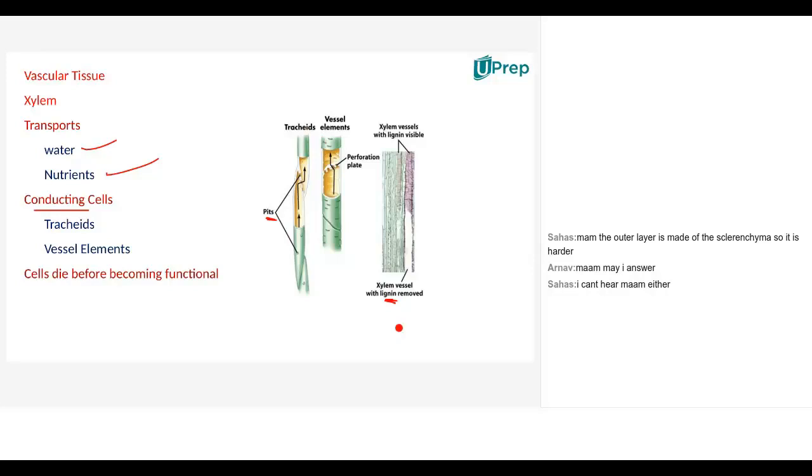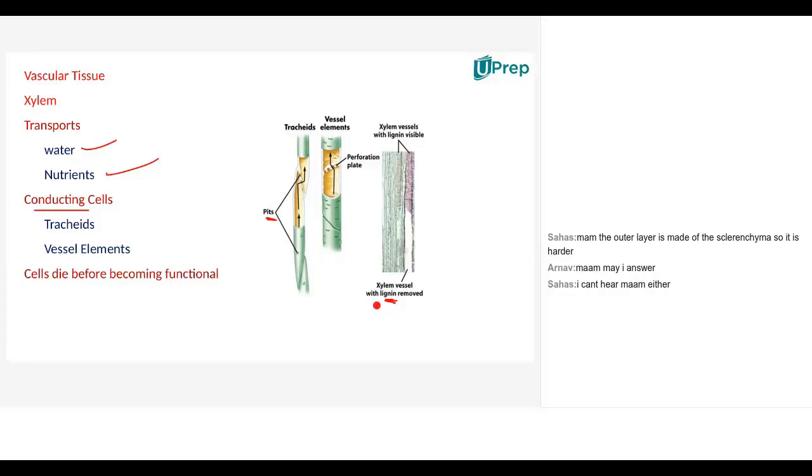Now, Alifia, your doubt is if we have pits, do they hinder the transport of water? That's what you are asking? No, I'm saying because of the pits, the lignin is blocked, right?